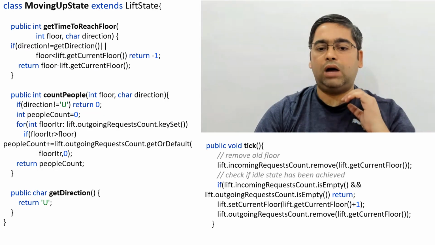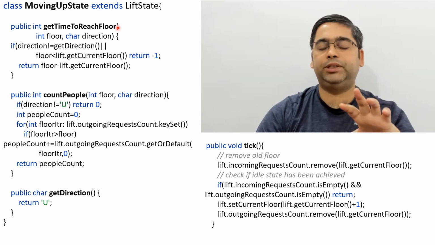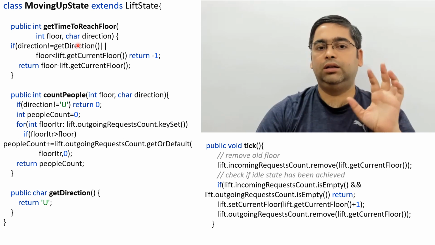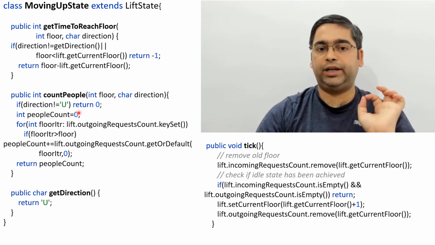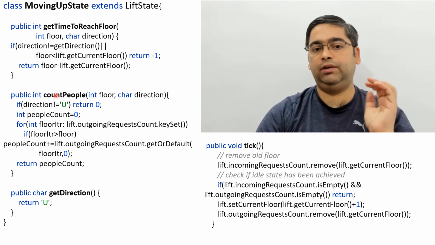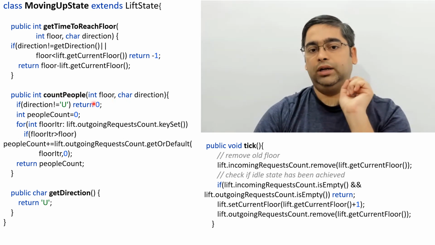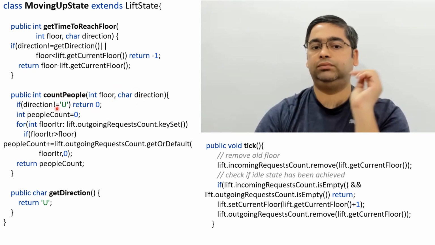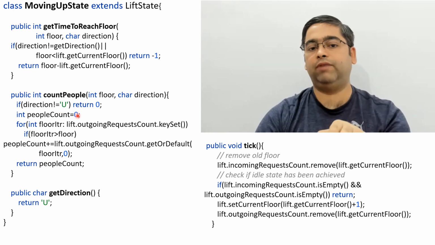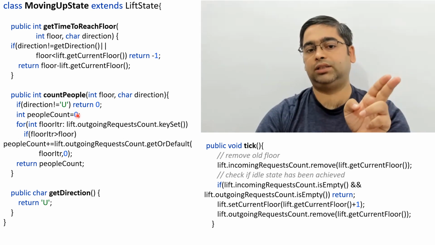Our first implementation is the moving up state, which will extend the lift state. Its direction will be up. For get time to reach floor, it will check that the direction of the request should be up and the lift should not have passed that floor. In either case, it will be an invalid request, -1. We already discussed that.